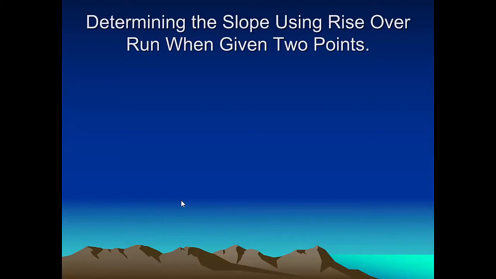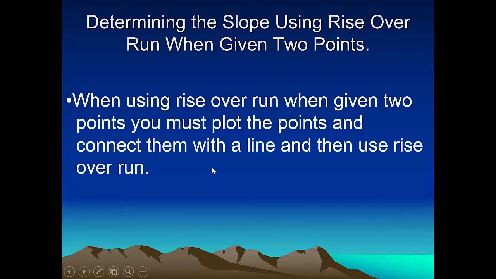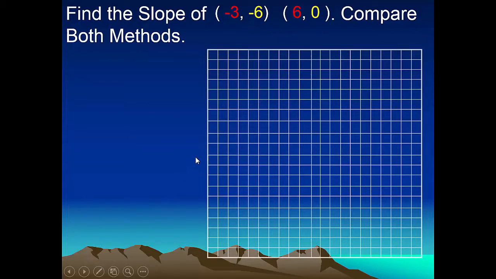Now we come here, determining the slope using rise over run, we're given 2 points. Now this is basically, when we're given 2 points, just like we said previously, you put the 2 points on the graph, and then you draw a straight line and connect them, then you could do the rise over run. So we're given the same 2 points, and we're going to compare both methods.